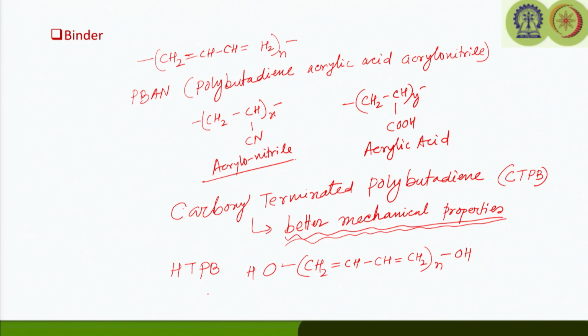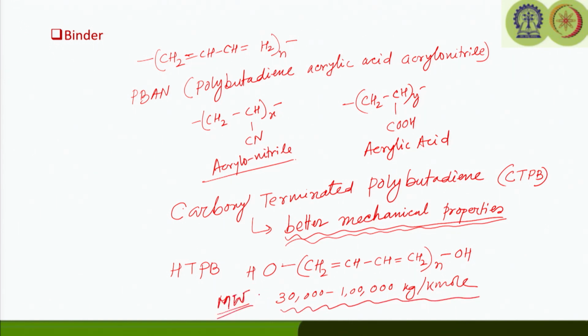The molecular mass varies depending on how many chains are present. Typical values of the molecular mass can vary from 30,000 to even 1 lakh kg per kilomole, depending largely on the degree of polymerization, which tells us how much molecular weight there is.